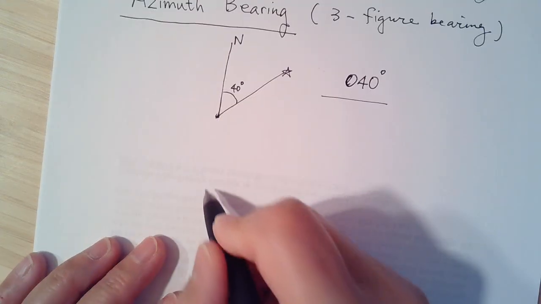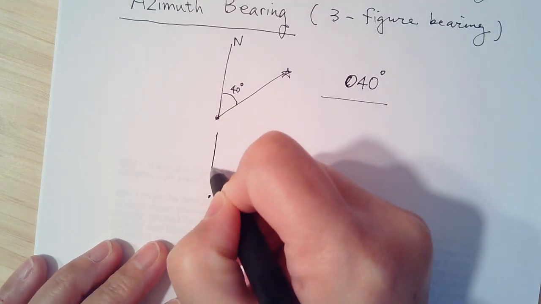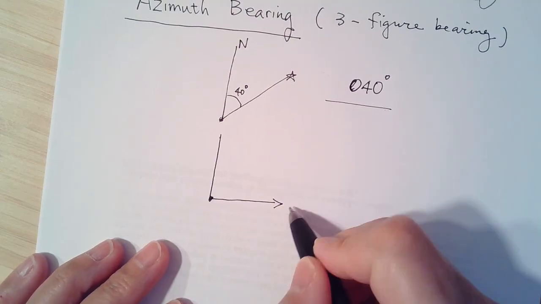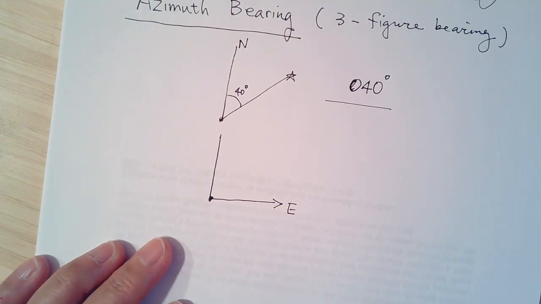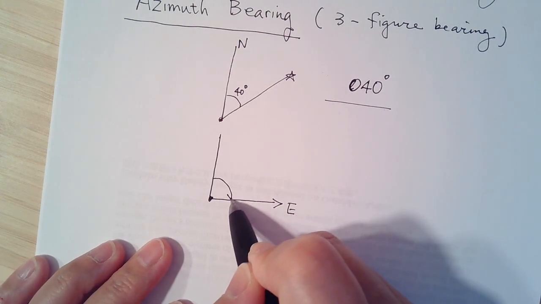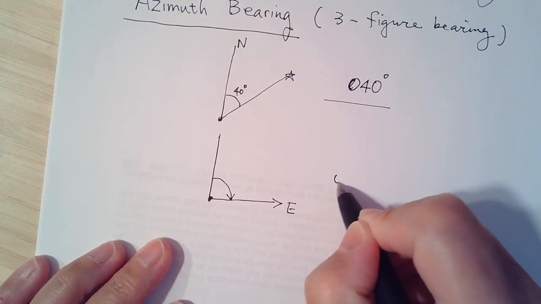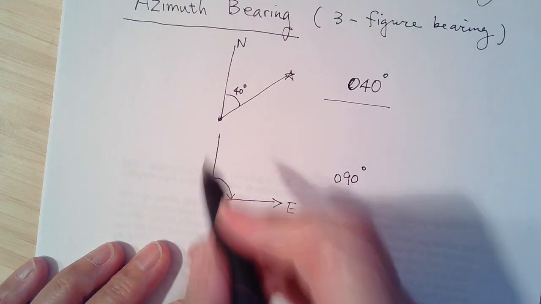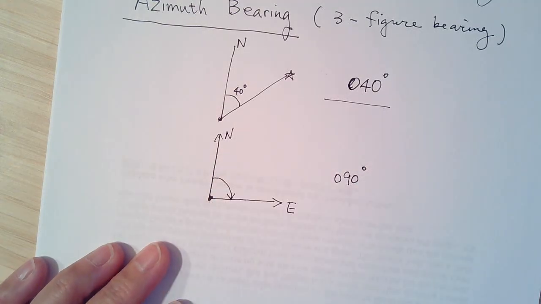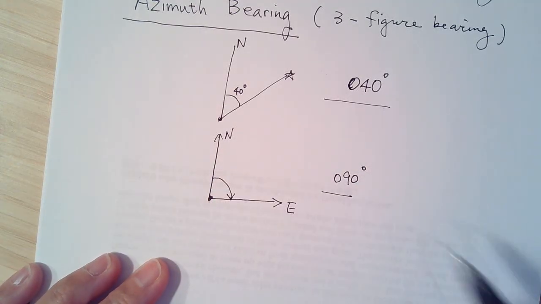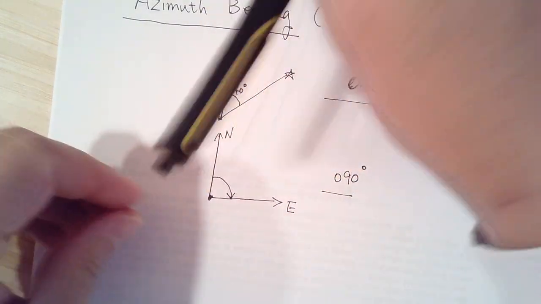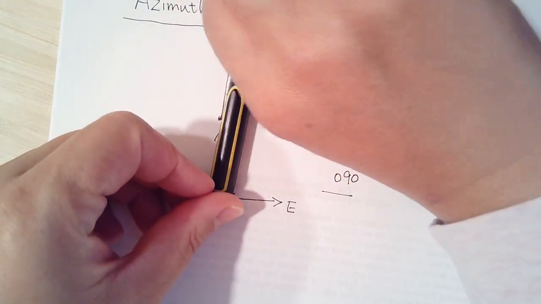What about here? Again, this is north. How do I describe someone exactly to my east? That is going to be 0, 9, 0 degrees. So let me just add a little n here. Make sense? Did you see this three-figure thing? So start from here, which is 0, 0, 0.